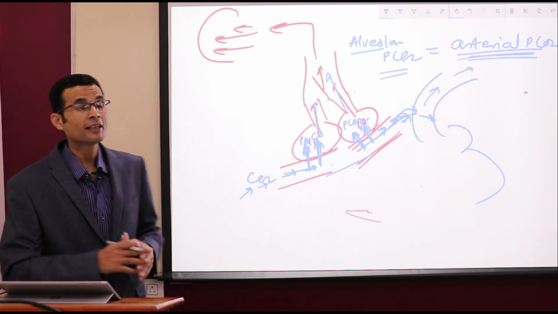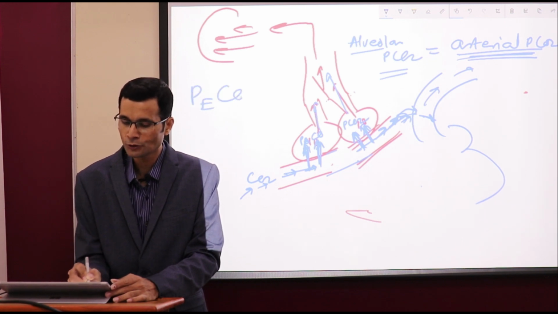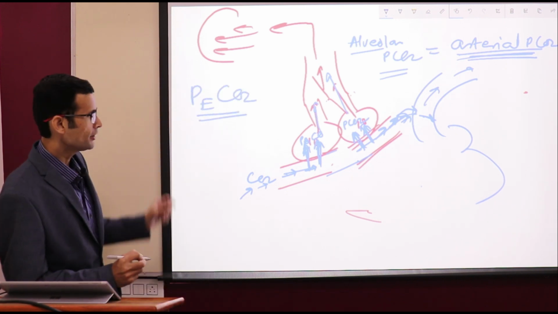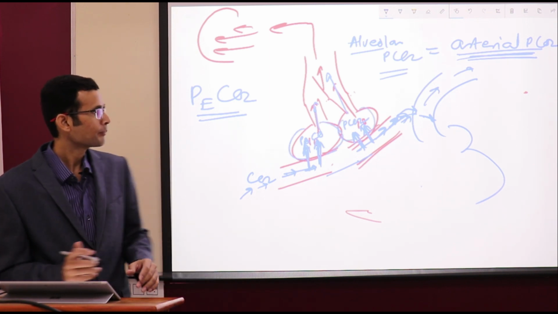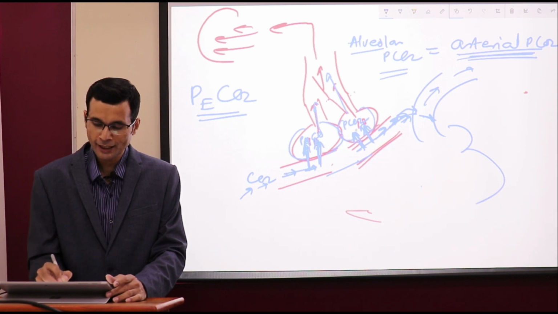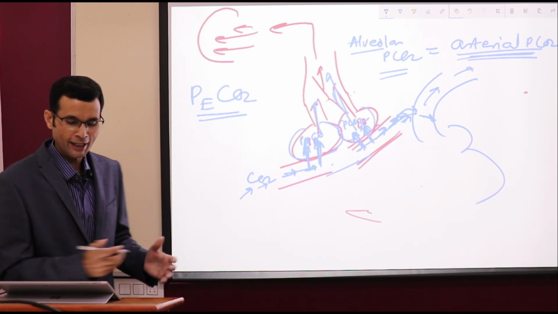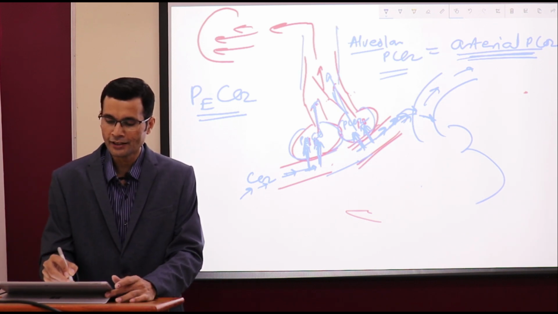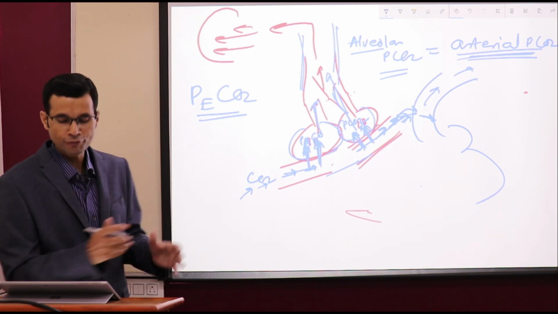Now we are interested in another PCO2, that is expired PCO2, PeCO2. Imagine both these alveoli are functioning normally. So this 10 units of carbon dioxide came here. It's going to be diluted by the dead space air, anatomic dead space air. Let's avoid confusion.